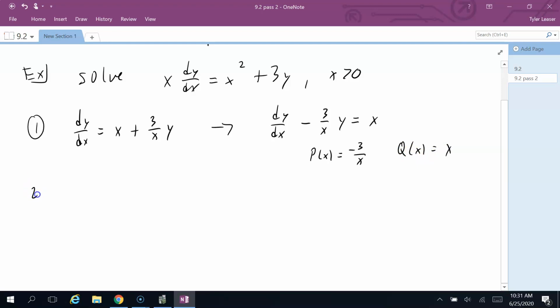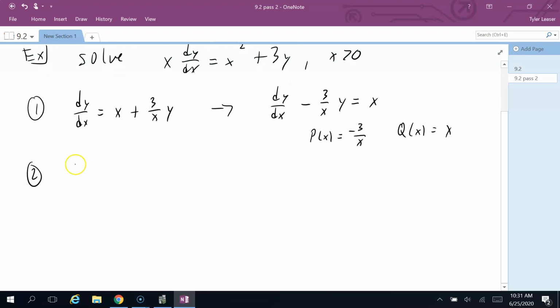Okay, step 2. The next thing that we need to do is find that integrating factor v. And there's just a formula to it. It's e to the integral of p of x dx. So for us, the v is going to be e to the integral of negative 3 over x dx.